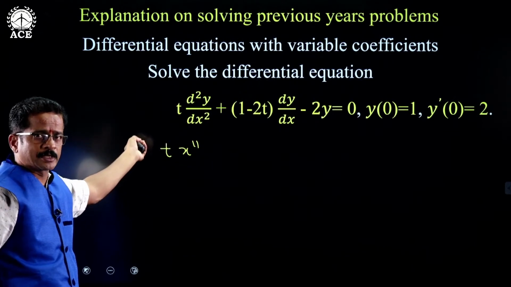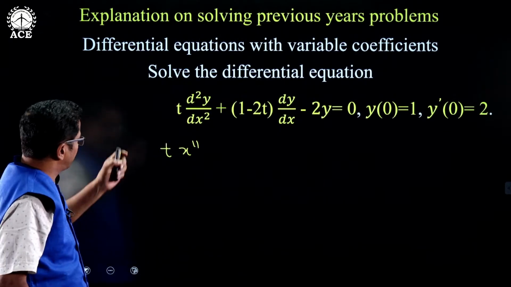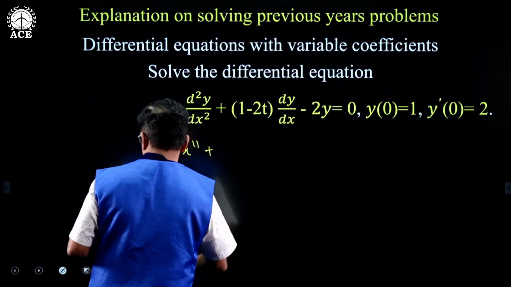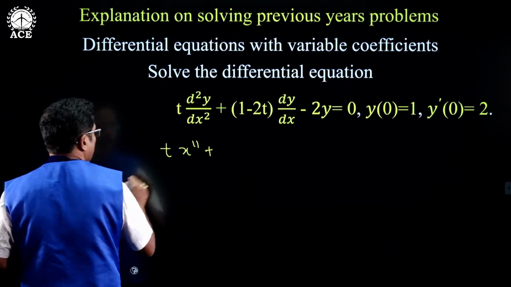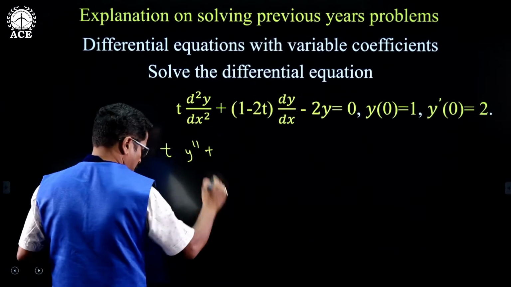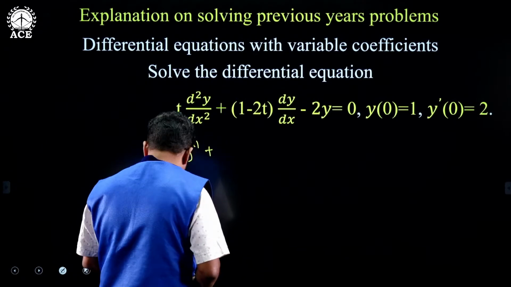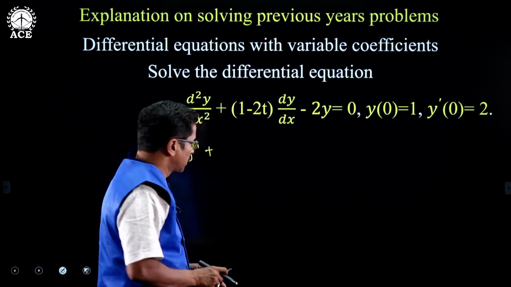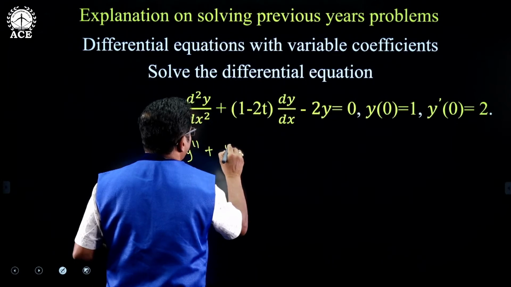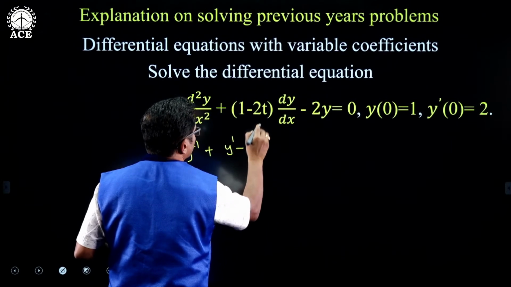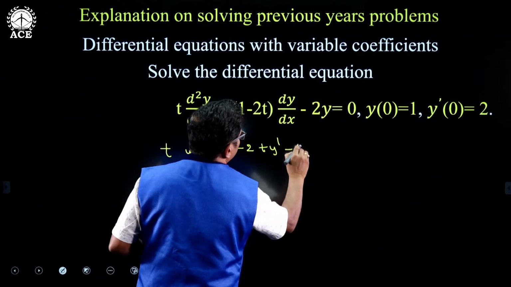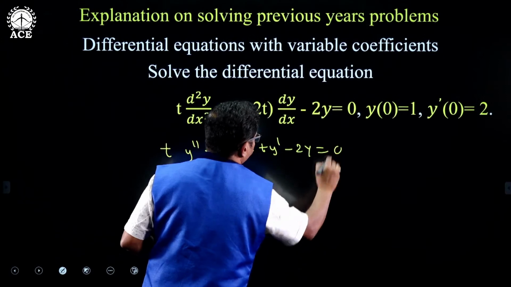Previously we discussed constant coefficients, now variable coefficients. t into y double dash plus y dash minus 2 into t y dash minus 2y is equal to 0.